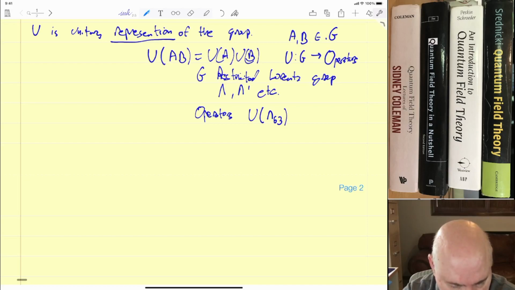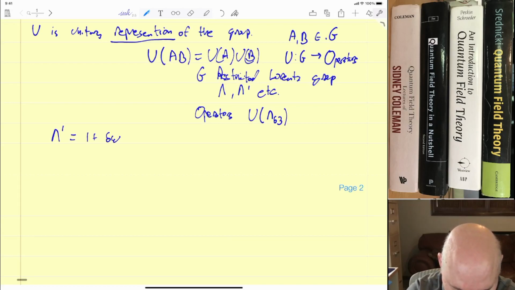So let's once more write. We're going to do this from the infinitesimal. So we have lambda prime is equal to 1 plus del omega prime. I put primes. So these are the parameters for the infinitesimal transformation lambda.